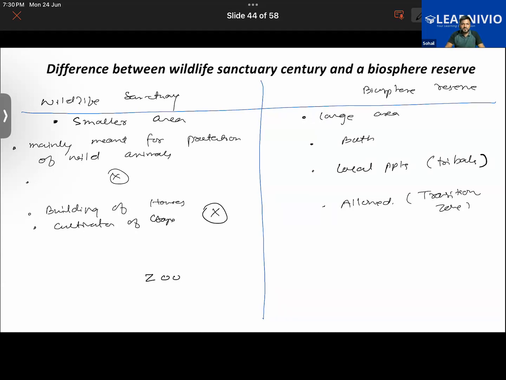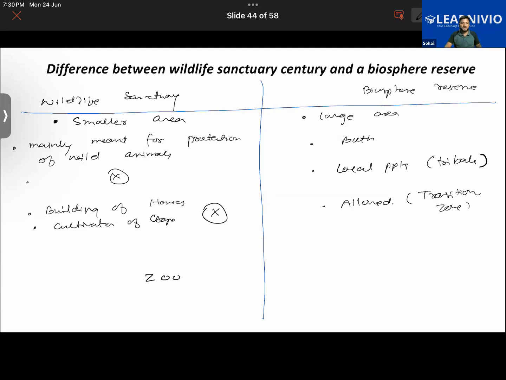It's not directly that we can say they do not hold any importance. If we are keeping animals which are not endangered in a zoological park, taking good care of them, and providing sufficient area, even in cages, if the cage is sufficient for the animal to roam around, then we can allow it.